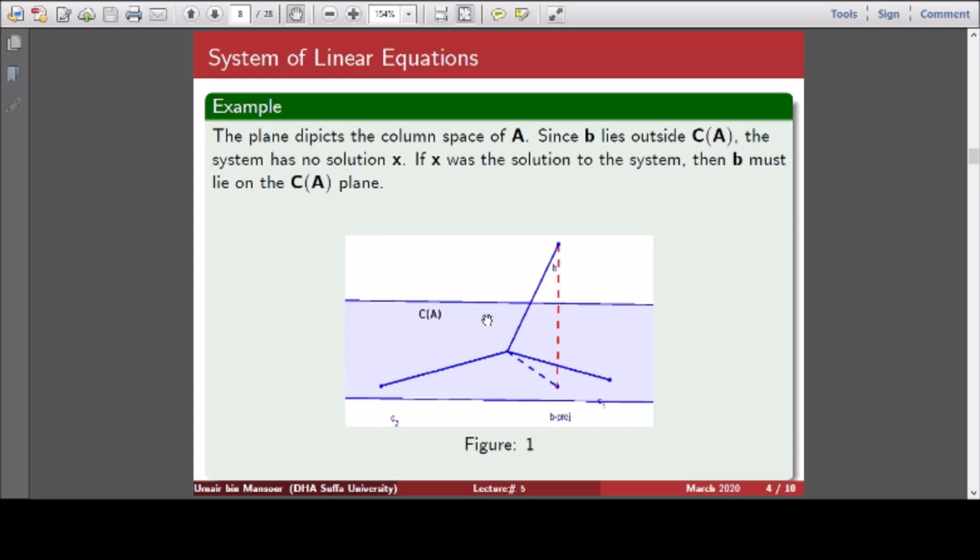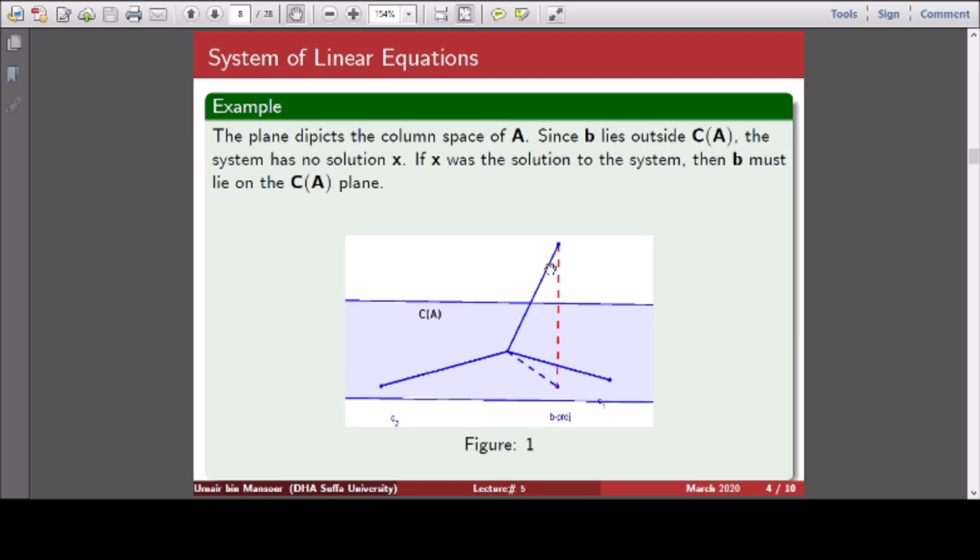It should lie on the plane of this column space, just like column 1 and column 2. But this is not the case. So we don't have a solution X that produces a B that is in the column space. So B lies outside the column space.